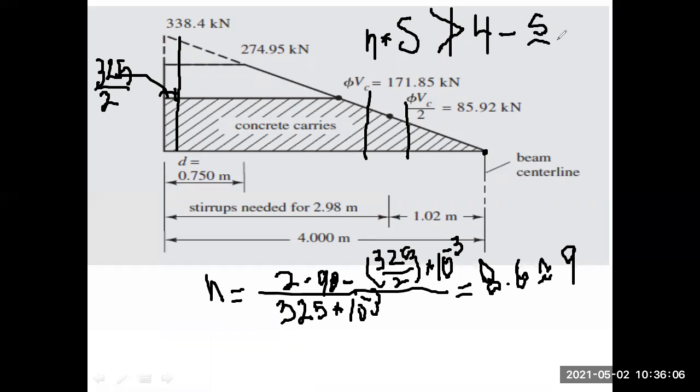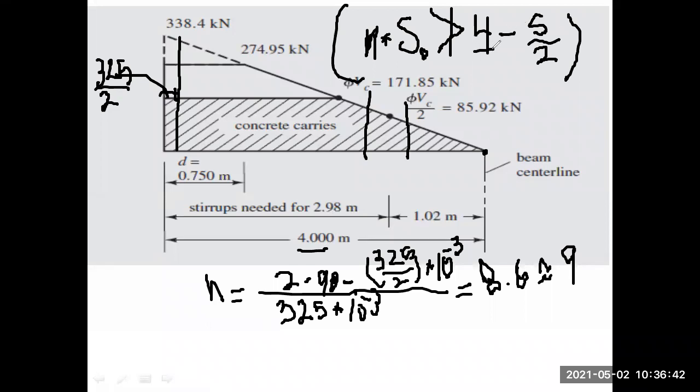The number of stirrups that I have rounded up to 9 times the spacing that we have decided on, which was s naught. So this is s naught, and 325 over 2 is half of it. So the number of stirrups times the spacing should not exceed the total distance, which is half of the beam, equal to 4 meter.